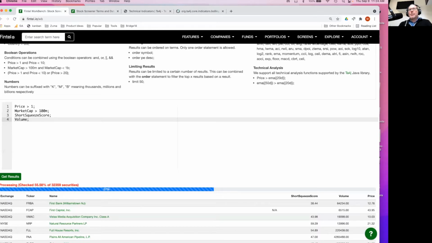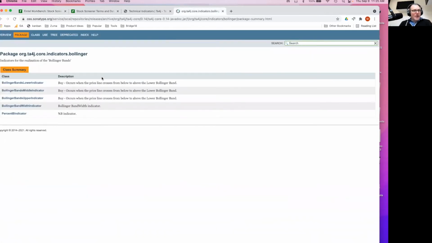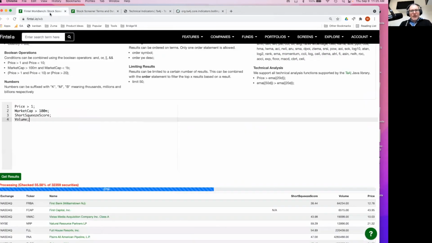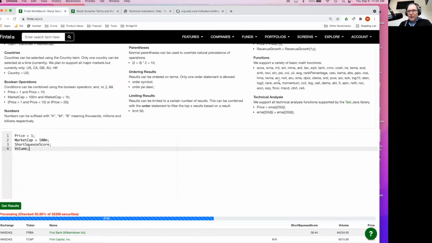How can I scan for a price that has touched the upper Bollinger Band on a daily? I don't know the answer to that, but I know that we can. If I say Bollinger Bands upper indicator, I need to figure out what function that is. This Bollinger Bands upper indicator, which is in the TA4J library, should correspond to a function in here somewhere, but I don't know what it is yet.